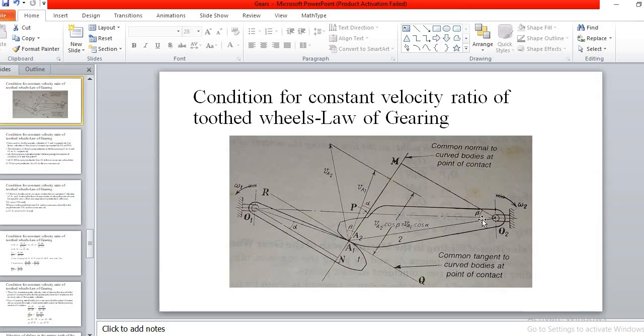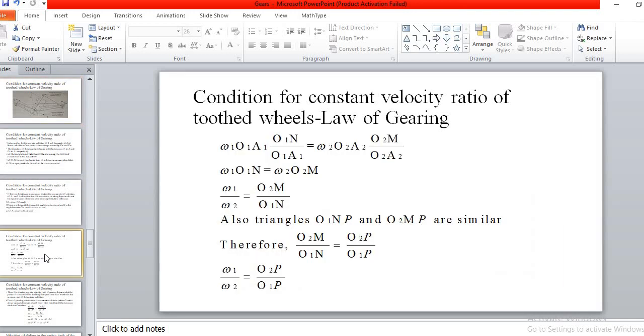If we replace O2m by O1n with O2p by O1p, we will get this equation: omega 1 by omega 2 is equal to O2p by O1p.